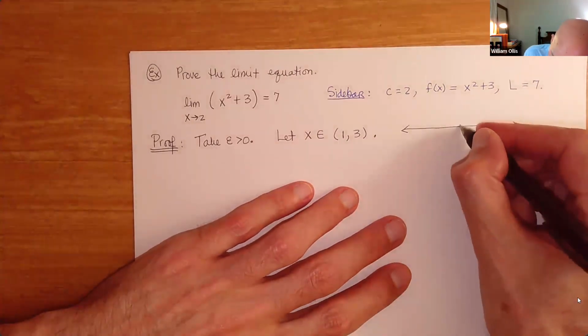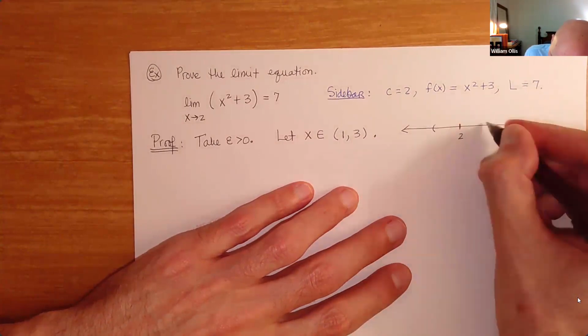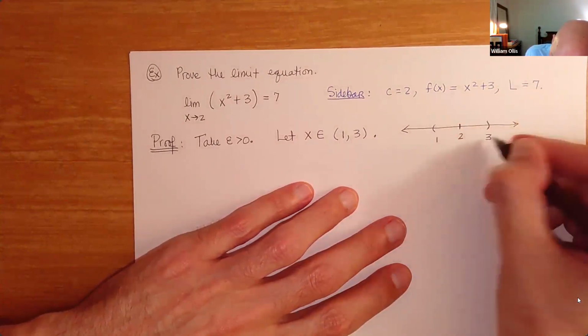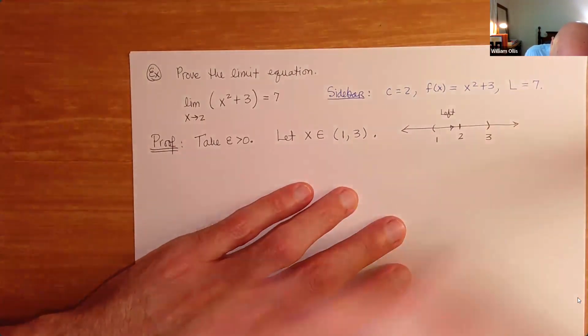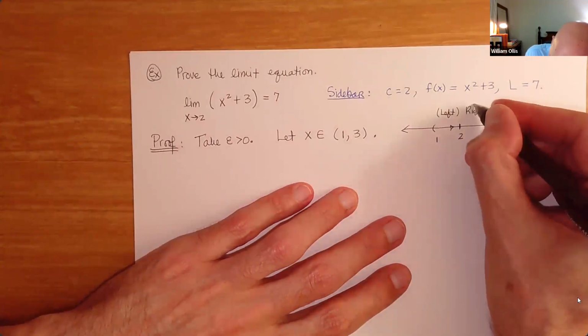So we're going to say that we have 2 here, and then we're just going to restrict our approach like we did in the very first example to this. So we have our left approach, and we have our right approach like this.